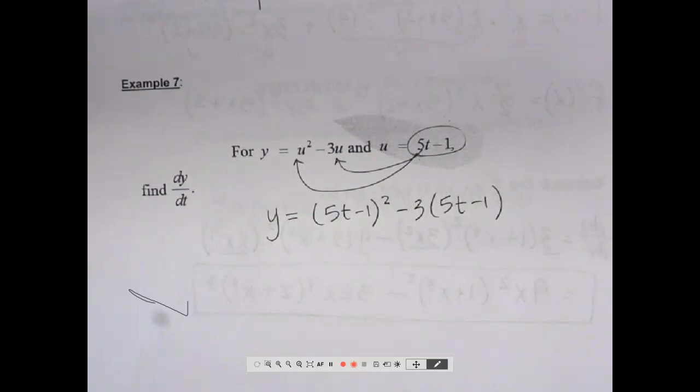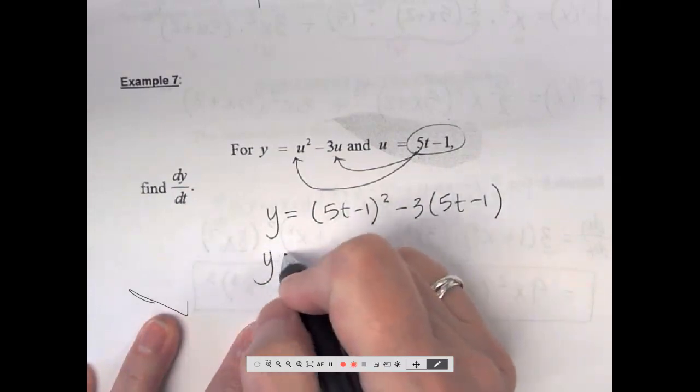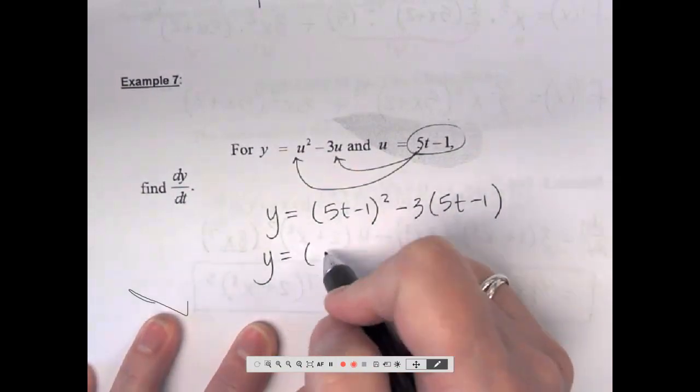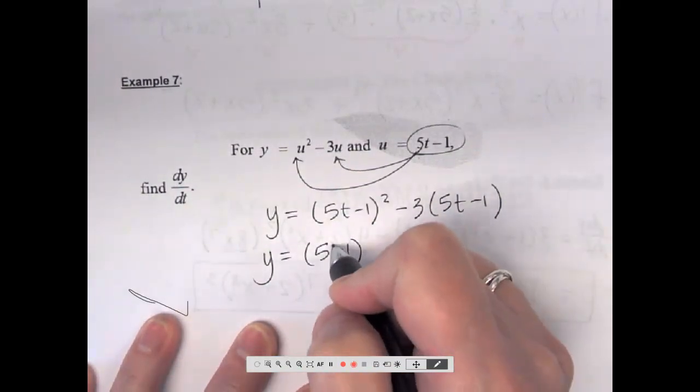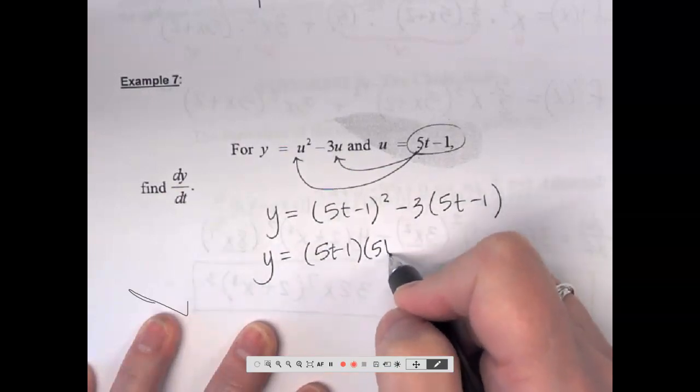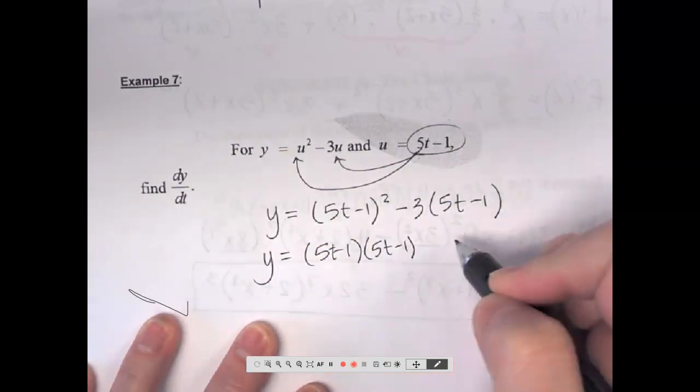Okay, this one isn't so bad if we want to distribute first and then take the derivative. Or do you want to just straight up take the derivative now? I think I might distribute. What do y'all think? I think it might be less trouble in the long run. Let's see. So (5t minus 1) squared means (5t minus 1) times (5t minus 1).